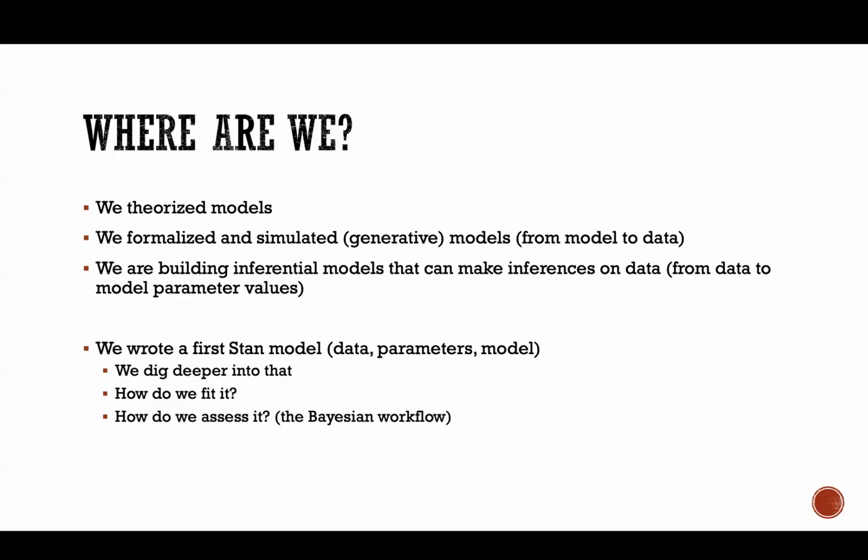Parameters, which are the unobserved variables that we're interested in. In reinforcement learning, that would be learning rate and tau. And model, which is the chunk where we're connecting the parameters with the data. We're telling Stan what's the mathematical shape that this relation takes so that it can calculate plausible values of the parameters given the data.